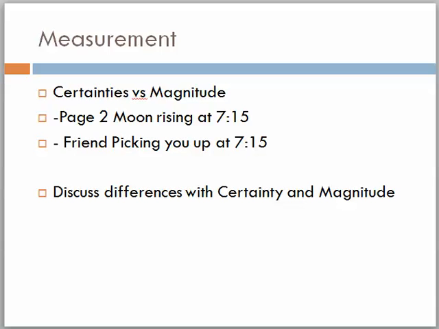Your friend picking you up at 7:15 is a magnitude, meaning 7:15, 7:16. It's not the same. You can't be certain that they're going to be exactly there at 7:15, so it's just a magnitude. And we're going to continue talking about the differences of those.